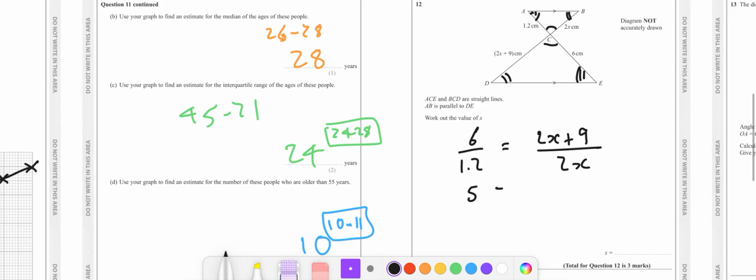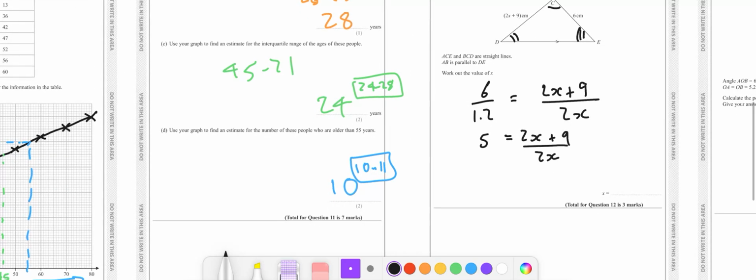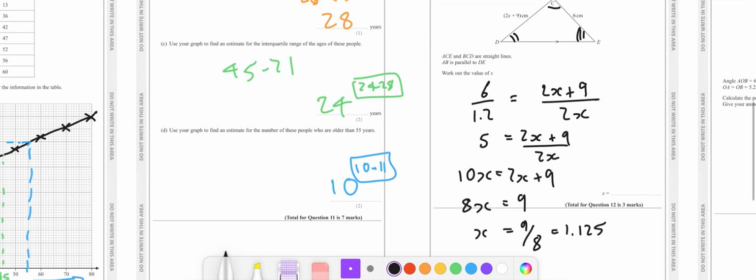So we've got 5 equals 2x plus 9 over 2x. Multiply it by 2x and we get 10x equals 2x plus 9. Take away 2x, we get 8x equals 9. Divide by 8, we get x is 9 over 8, which equals 1.125 if we want to do it as a decimal, or as a fraction, 9 over 8.